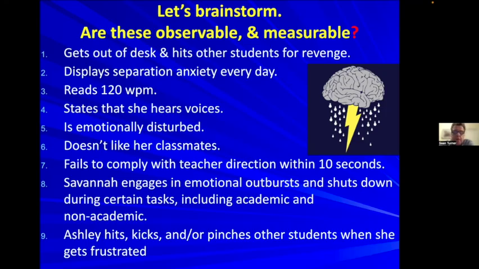The "for revenge" part is part of what we said before that we want to keep out of target behaviors. It's not measurable or observable, but getting out of the desk and hitting other students can be measurable and observable. We would have to choose one or the other and provide criteria of what you mean.